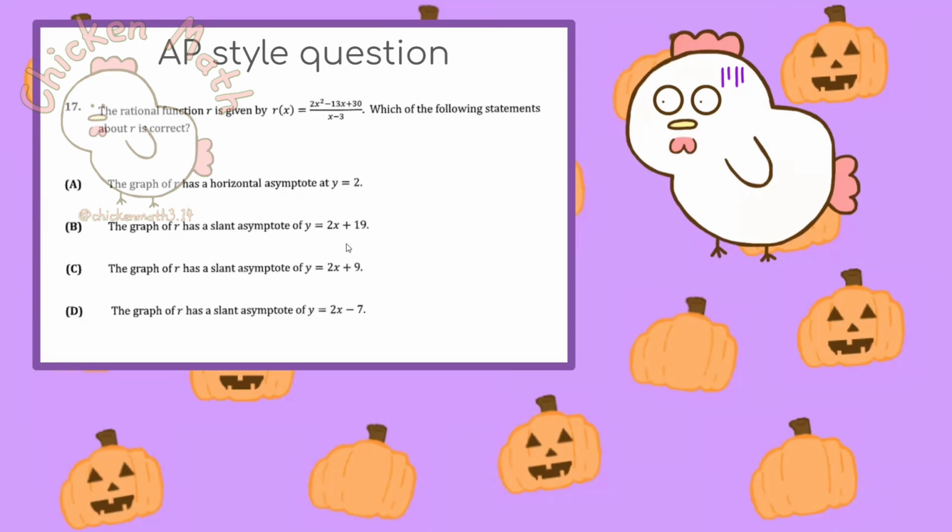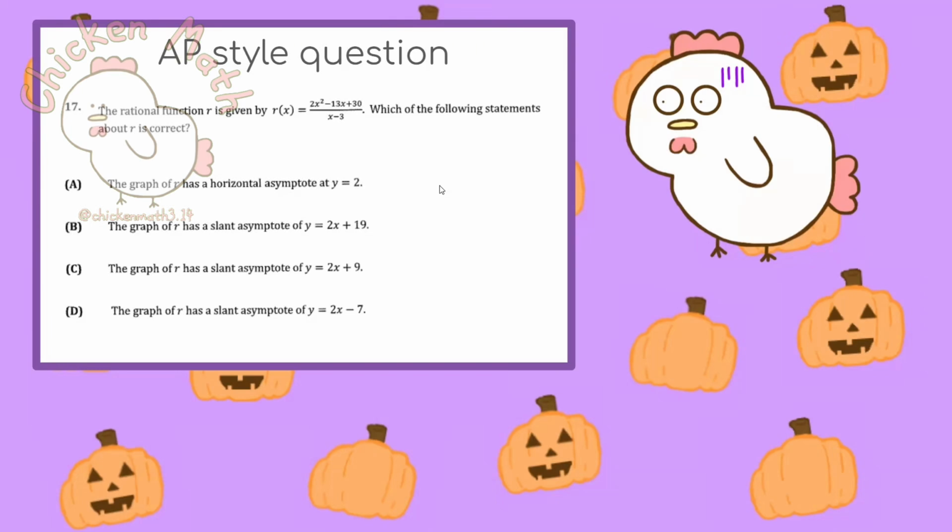So we have A, B, C, D. It looks like we're going to be seeing if it has a horizontal or slant asymptote, and then we're going to find out the equation of whichever asymptote it is. So we want to look at our degrees. Our degree in the numerator is 2, and our degree in the denominator is 1. Since our degree in the numerator is greater than the degree in the denominator by 1, we know that we're going to be having a slant asymptote. So we know that A is out.